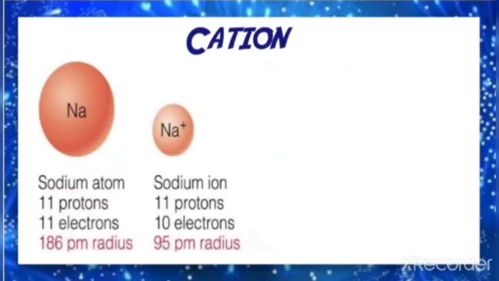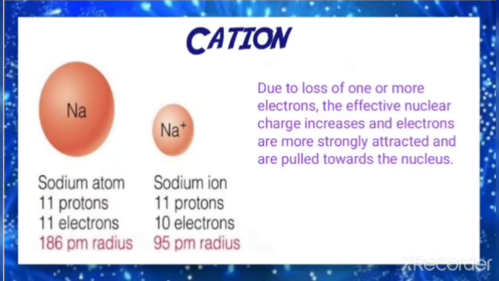So from this we can say that due to the loss of one or more electrons, the effective nuclear charge increases and the electrons are strongly attracted and pulled towards the nucleus. This causes a decrease in the size.